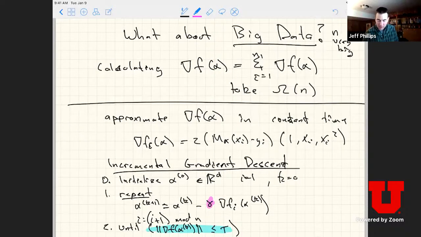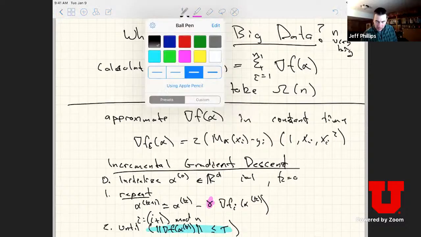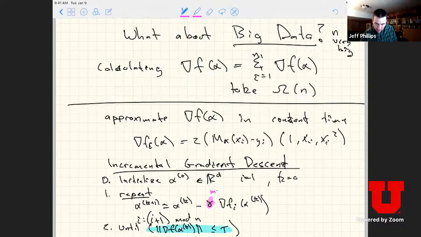So maybe I make it smaller than the full gradient descent step, because then I'm basically averaging together a number of steps, but I'm updating the gradient as I go. So I'm improving my estimate every time, and it should generally work maybe a little bit better.